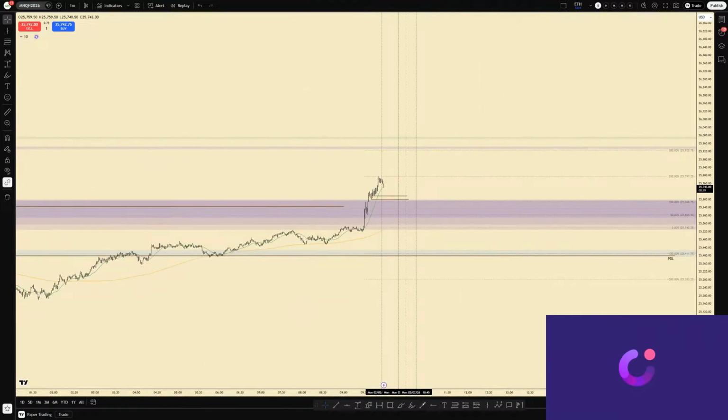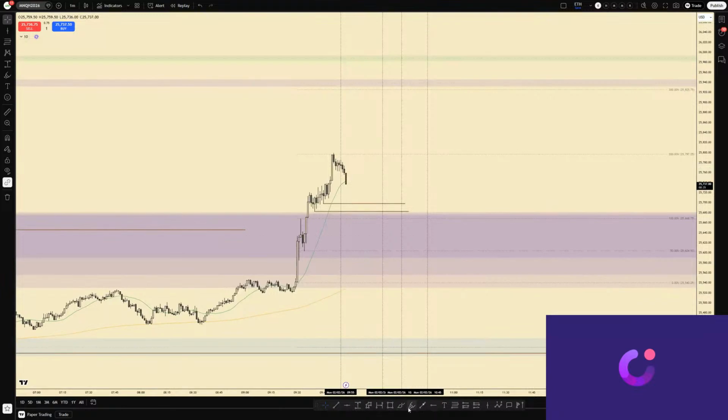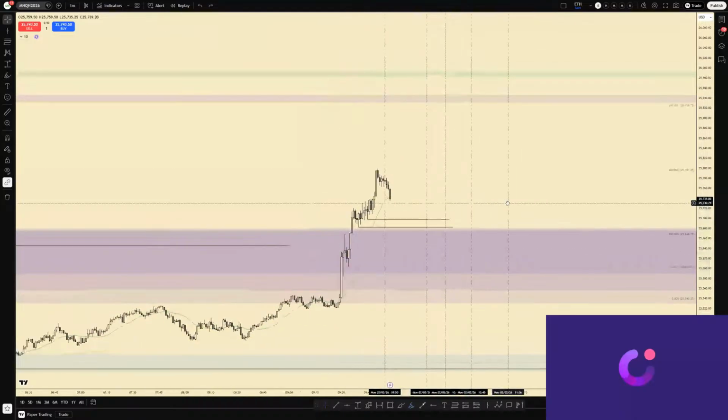So even though this is bullish, it wouldn't be a big surprise to see price coming lower, testing the lowest levels, making a really deep retracement and then going higher.